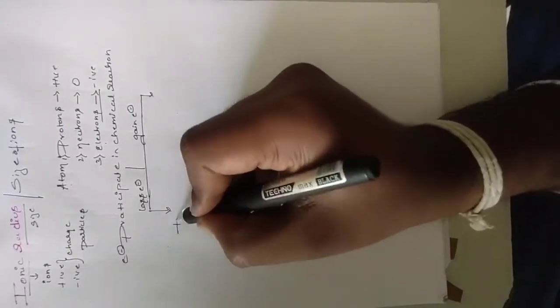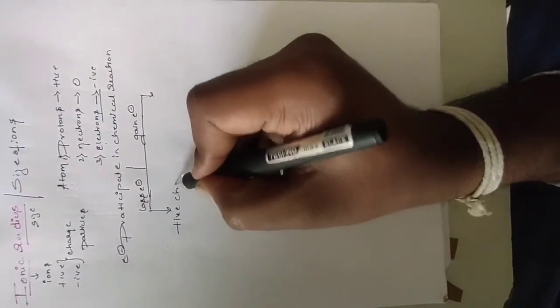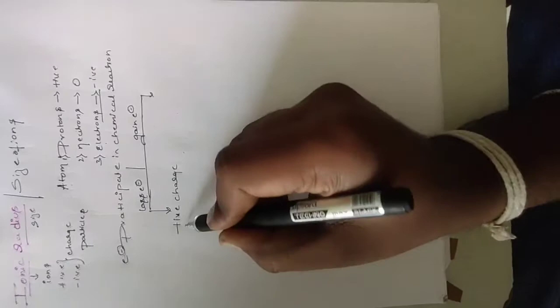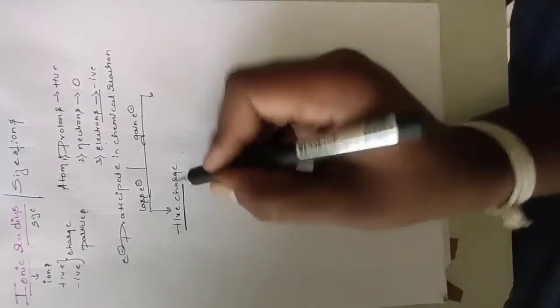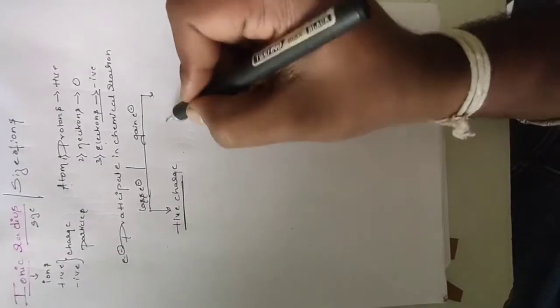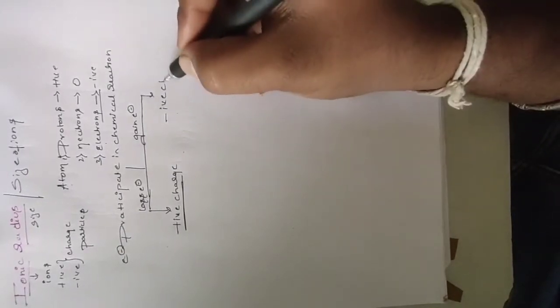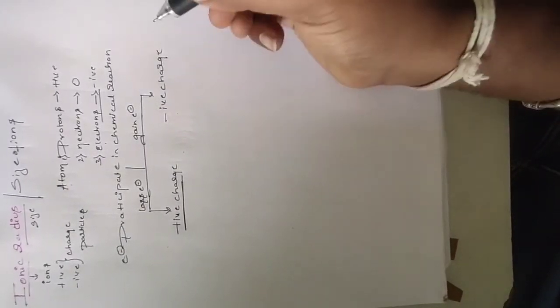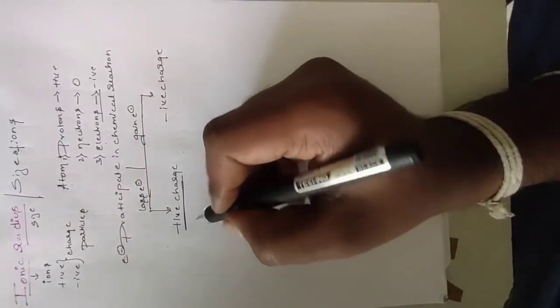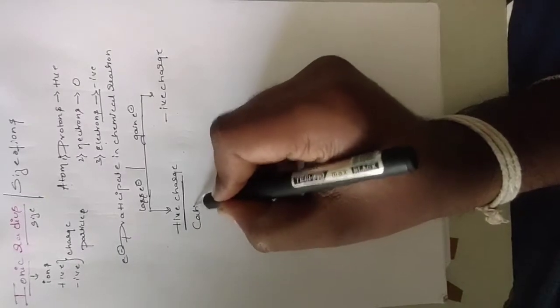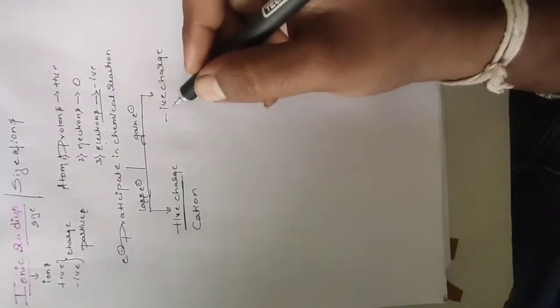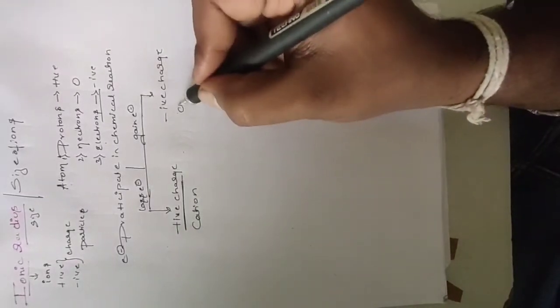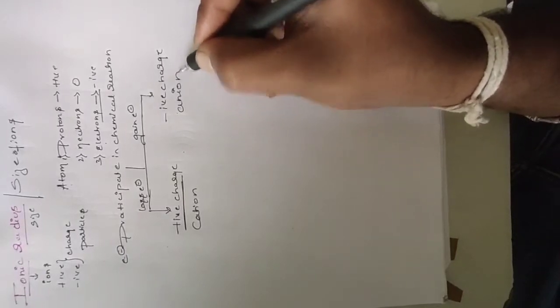Loss of electron gives a positive charge. Gain of electron gives a negative charge. A positive charge is called a cation, and a negative charge is called an anion.